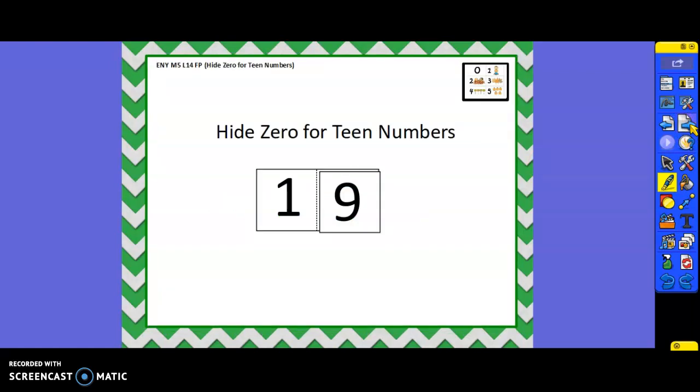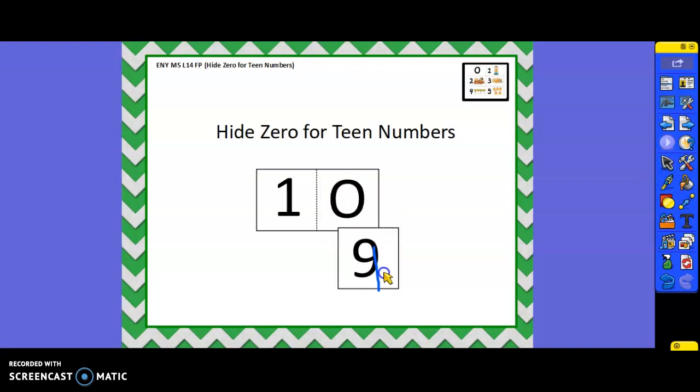Okay, so now we're going to practice counting with our hide 0 cards. That's right. First, we're going to say the number, and then we're going to say that number the say 10 way. We're going to use our hide 0 cards to help us see our parts when we count. So let's say our number together, 19, 10, 9.